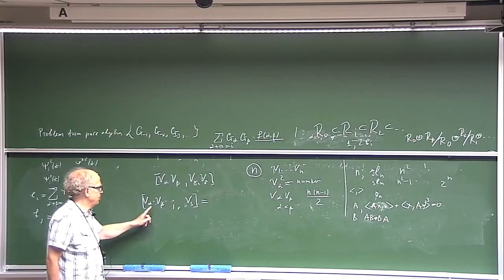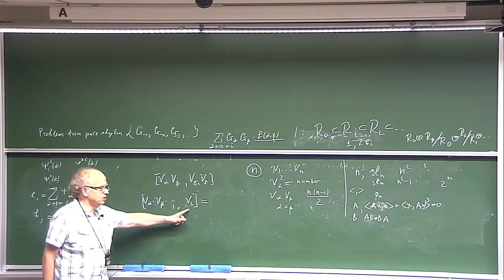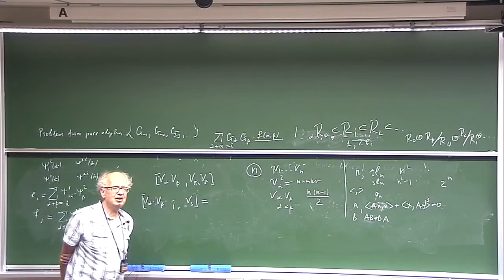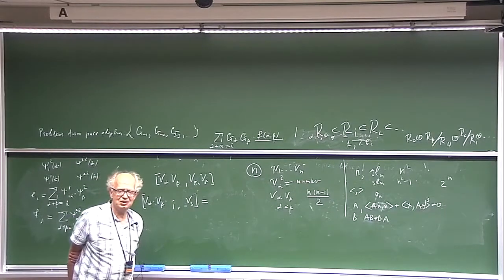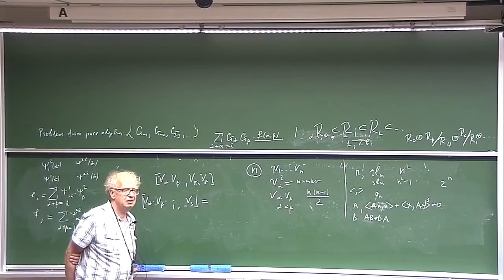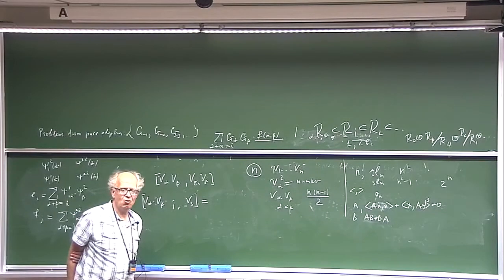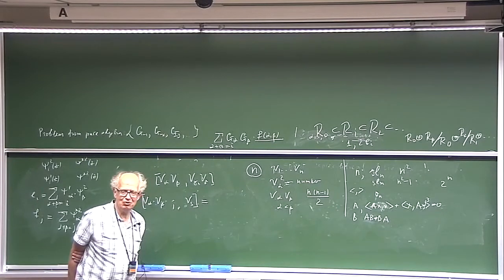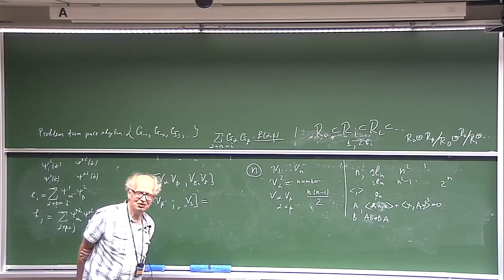We calculate the bracket of a quadratic expression with a linear one. And maybe, can you tell me what this is? More complicated things we discuss later. Now let us go to the more simple. And so what is this?